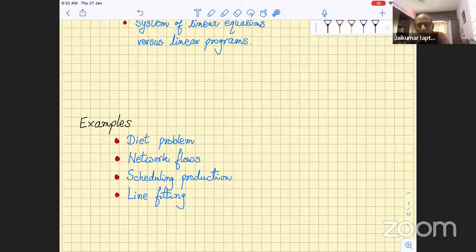Then there was the problem of scheduling production. So you were given the demands in various months, and you could decide on how to schedule your production, but there was a cost associated with holding surpluses in your warehouse or wherever.